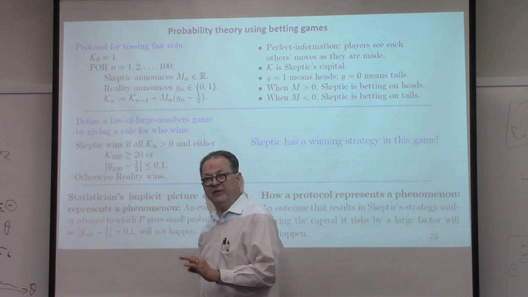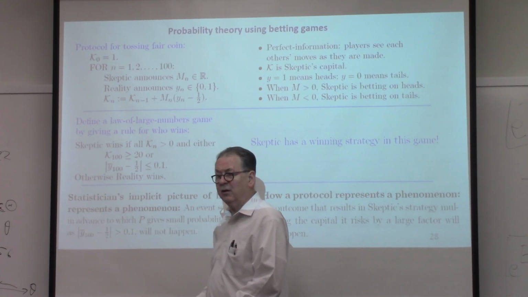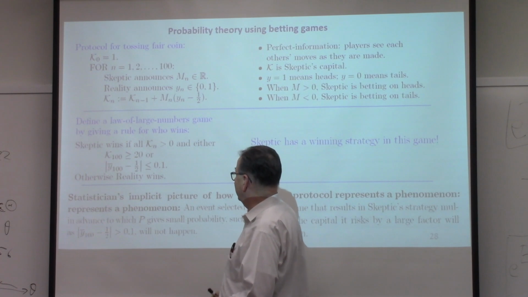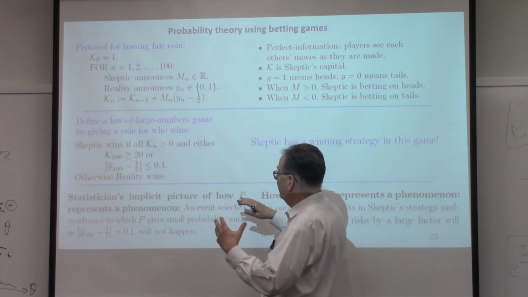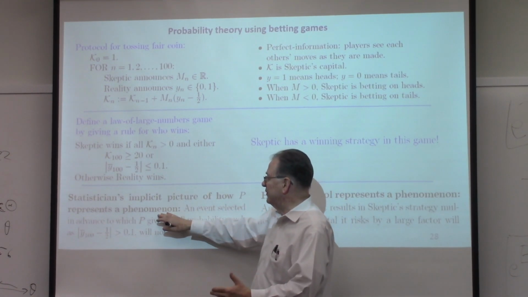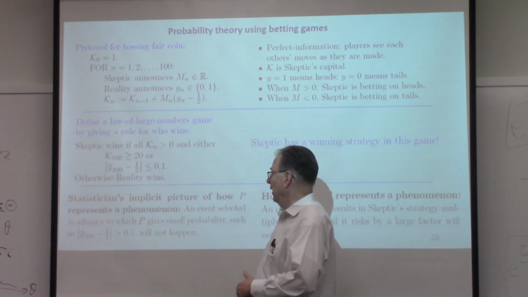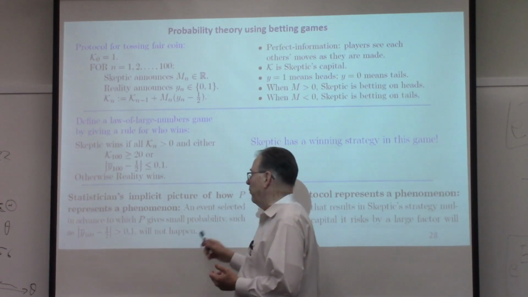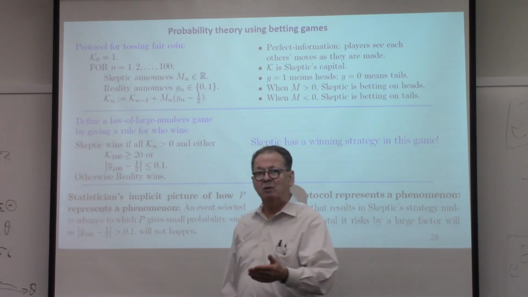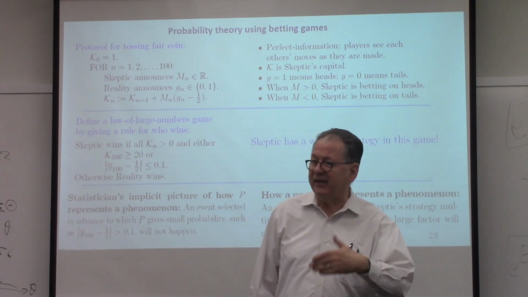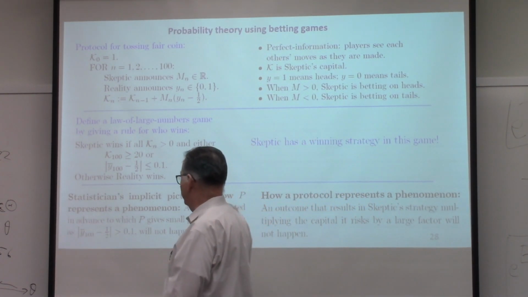But we aren't starting with the idea that the probability is a frequency. We're starting with the idea that P represents the phenomenon by giving a small probability to various events, and one of them is that the frequency is not close to 1/2.